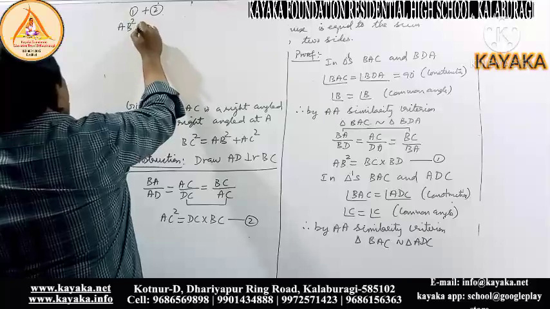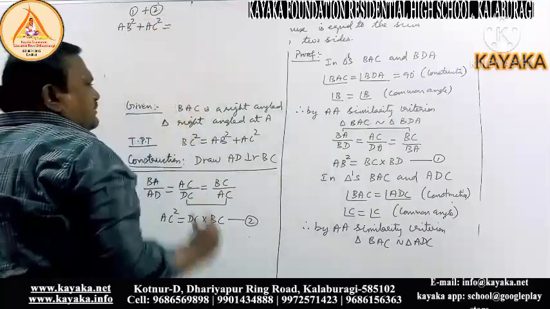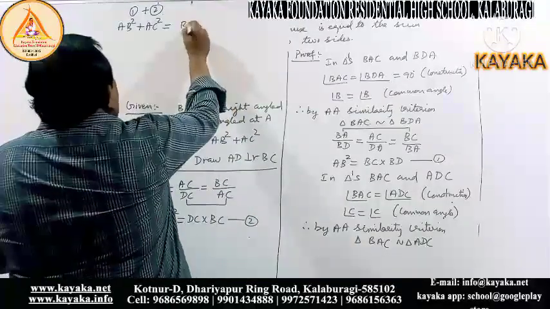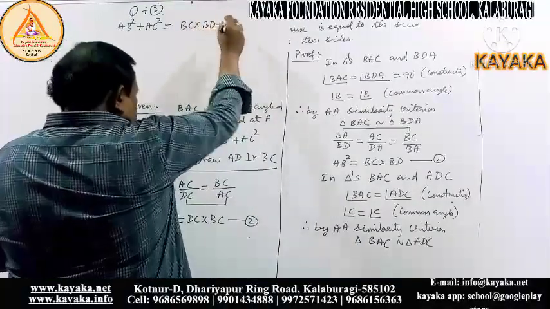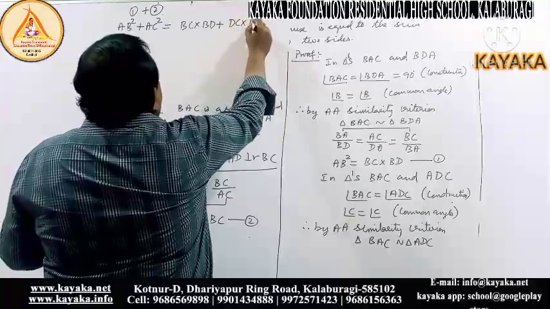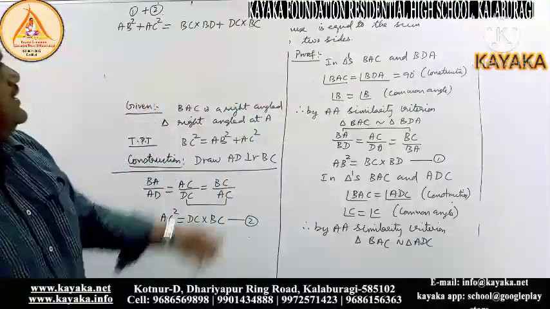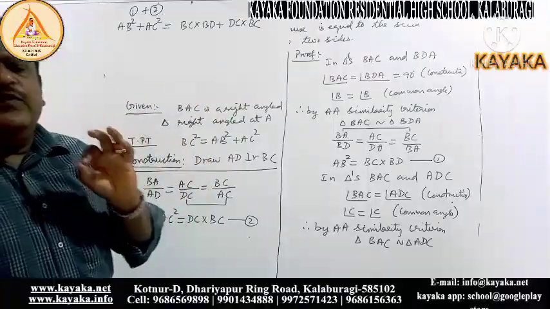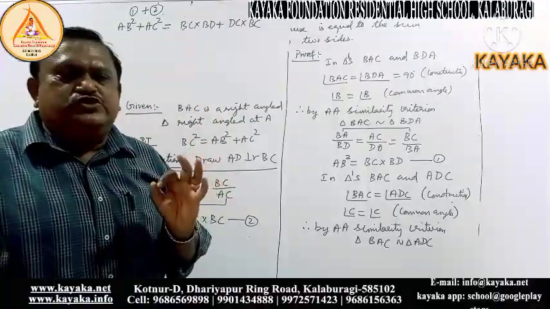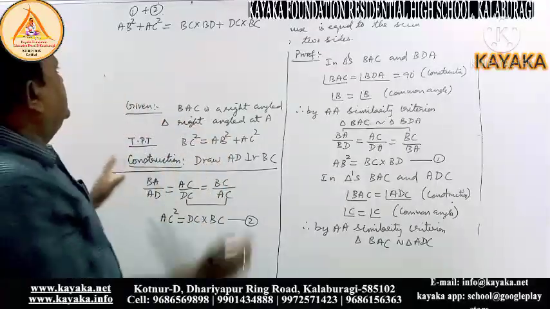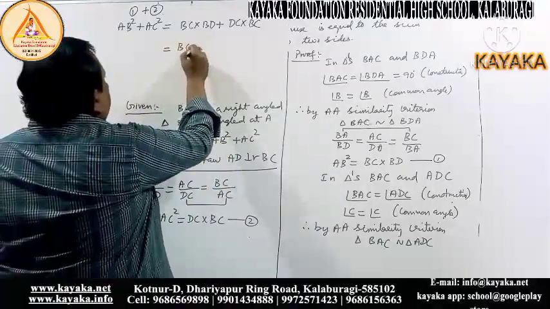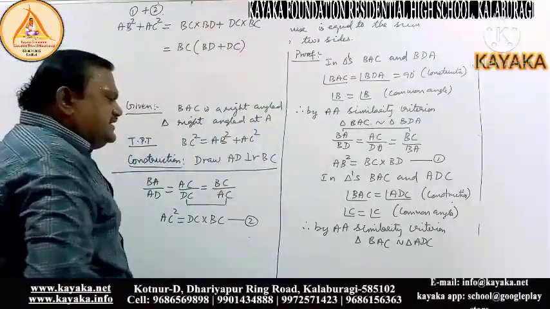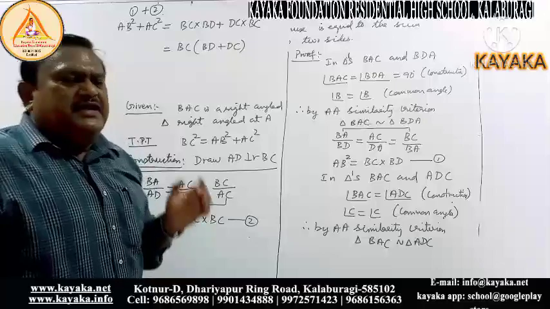We will get AB square plus AC square will be equal to BC into BD plus DC into BC. Dear children, this is a separate step. From these two steps, we can take BC common. If you take BC common, you will get BD plus DC.